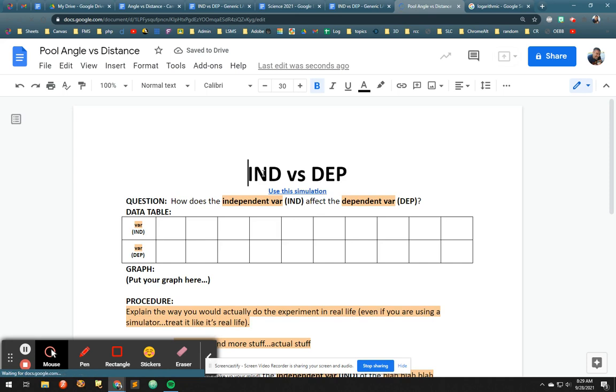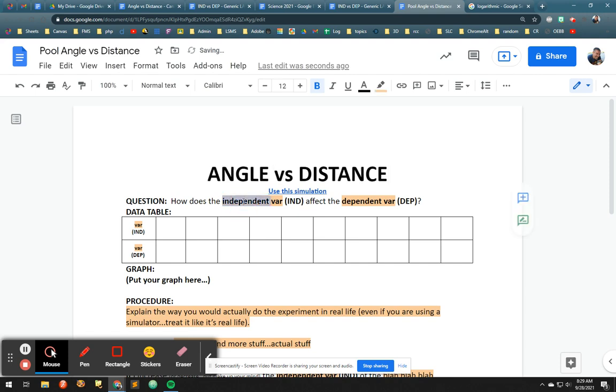Let's replace the title with, instead of IND, it'll be angle. And I think I'm going to go all caps. Angle versus distance. And here I've highlighted everything I want you to replace with what it actually is. So it'll be angle and distance.